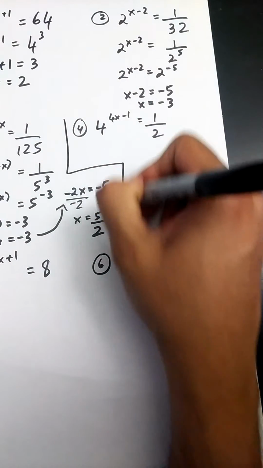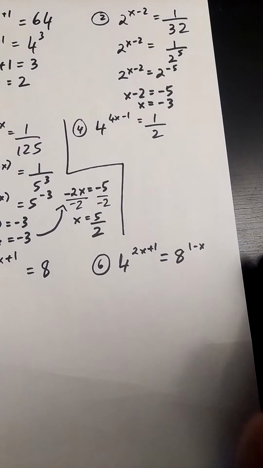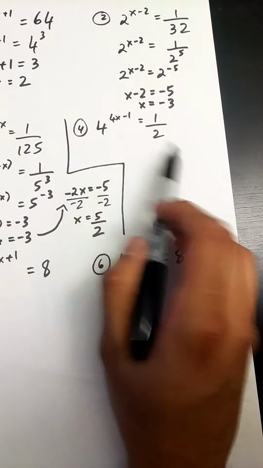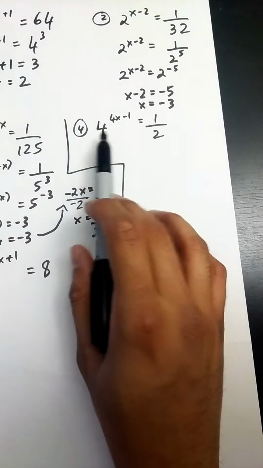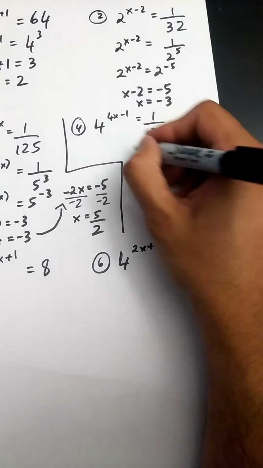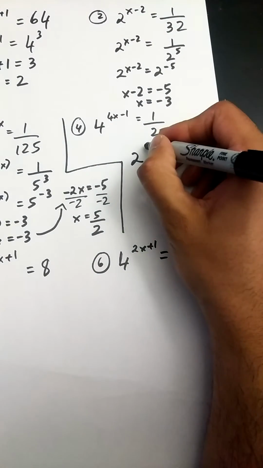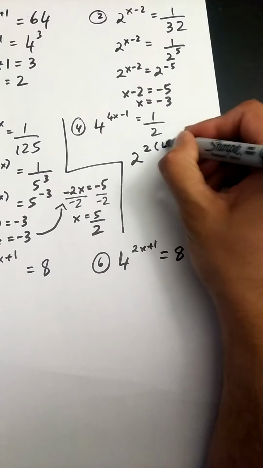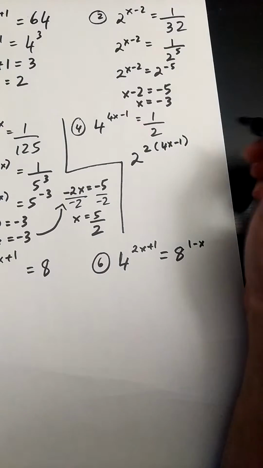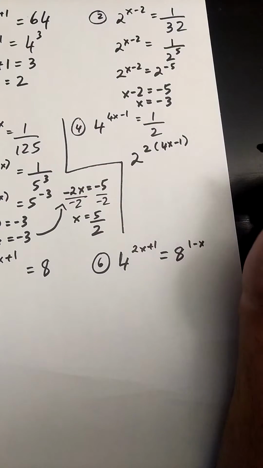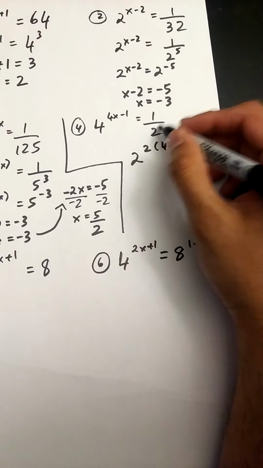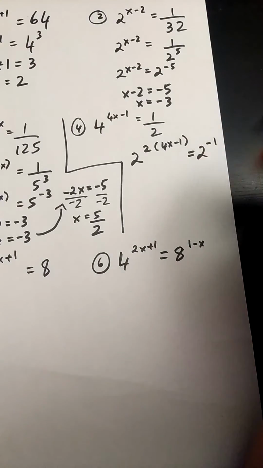If I take a look at number 4, it's pretty similar. So again, my common base is going to be 2. So on this side over here, I'm going to have 2 to the power of 2, which is 4. And then I include my terms in a bracket because there are multiple terms. And on the other side, you're going to have 2 to the power of minus 1.